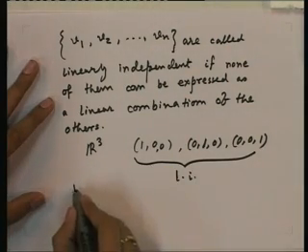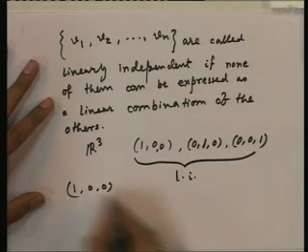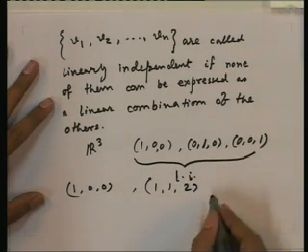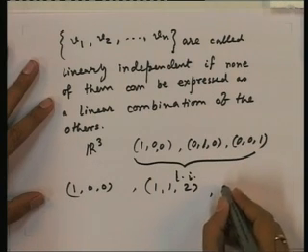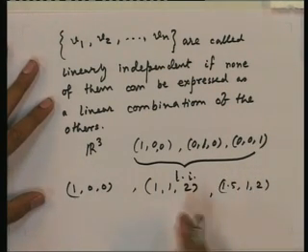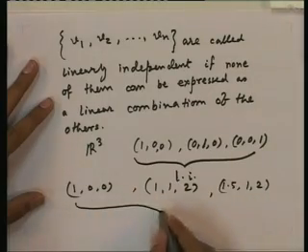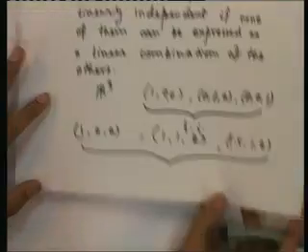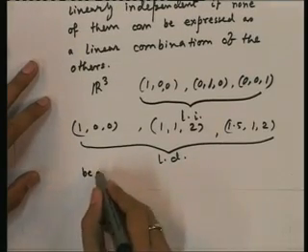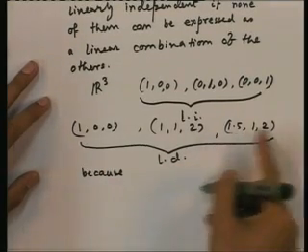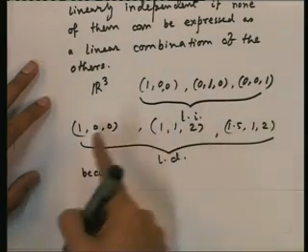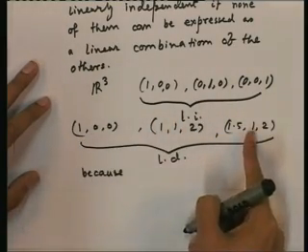whereas if you take (1, 0, 0), then (1, 1, 2) and then say (1.5, 1, 2), these are linearly dependent, because this vector can be expressed as a linear combination of these two. Similarly, this also can be expressed as a linear combination of these two. So, let us just write that.